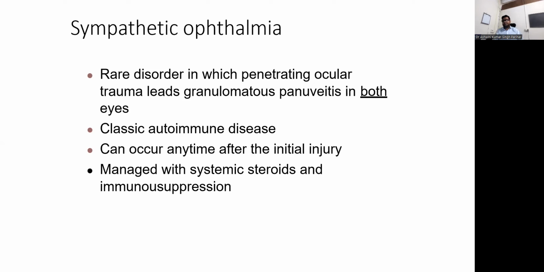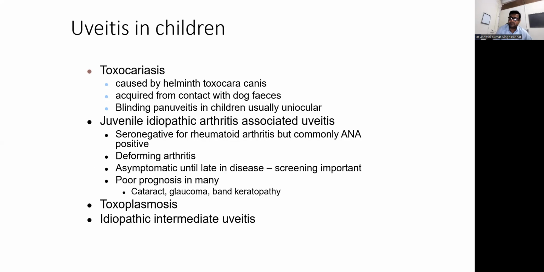Sympathetic ophthalmia. I mentioned it occurs usually in traumatic conditions. Whenever there is trauma to one eye, the other eye gets affected over time post injury, usually from 10 days to 6 months. It's an autoimmune disease, and the patient has diminution of vision or affection of the other eye over time, and it should be managed with systemic steroids and immunosuppression.